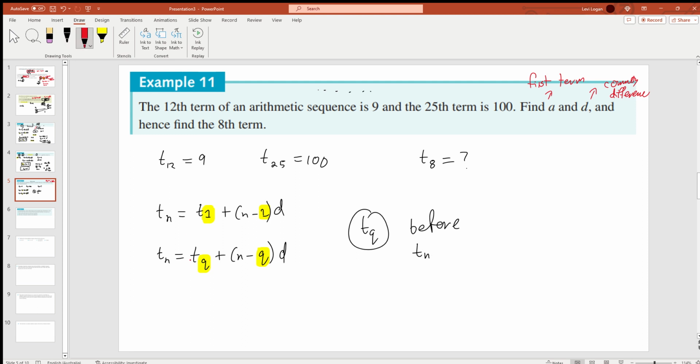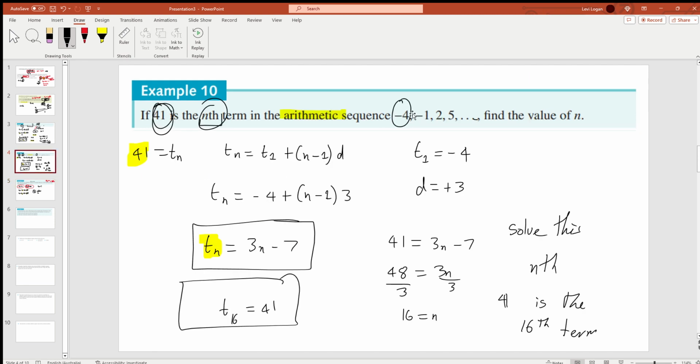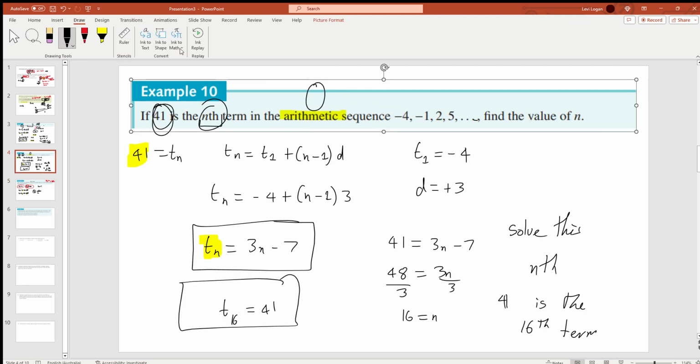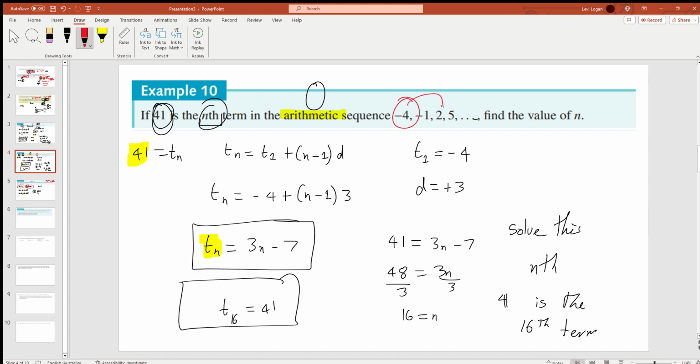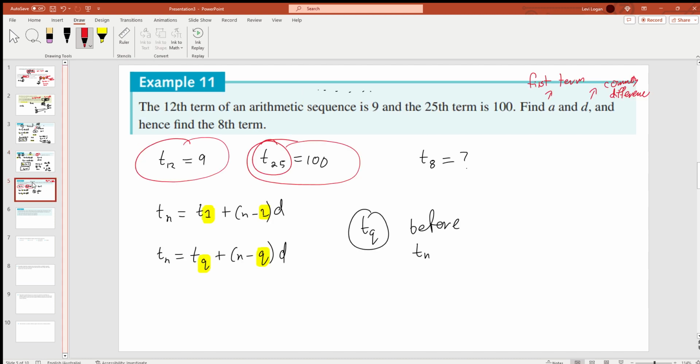So this term here is before t of 25, which makes sense. It doesn't matter what sign it is, it matters what term it is. For example, even though negative 4 is smaller than 2, it can still come beforehand. It matters what term it is in the sequence, not the sign of the number.